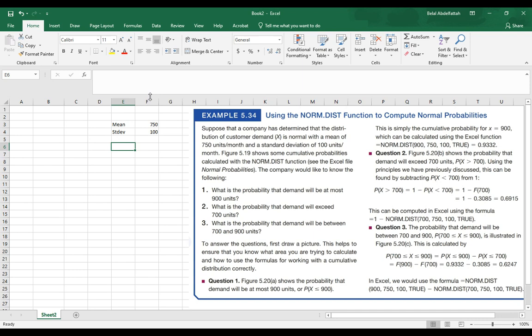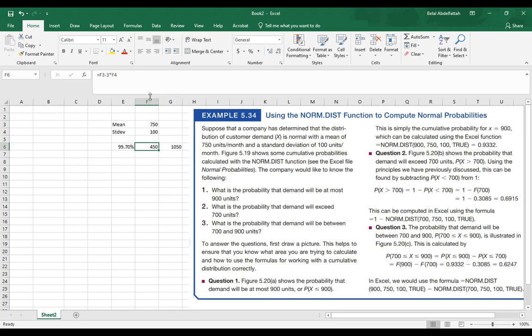So I'll put 99.7%, hit equal sign, and say mean minus 3 times the standard deviation. Now I'm going to do the same thing, but instead of minus, I want to say plus. So the mean plus 3 times the standard deviation.